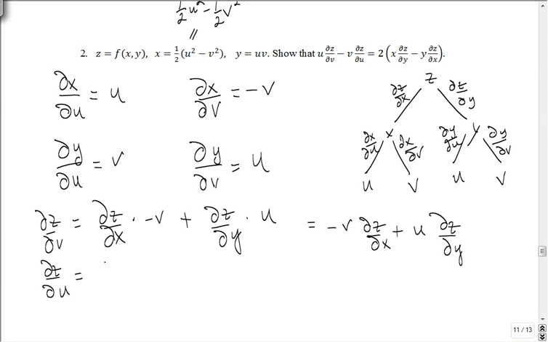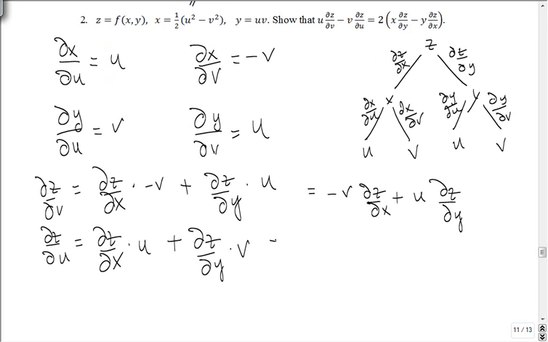So it will be partial z with respect to x times partial x with respect to u, which is u, plus partial z with respect to y times partial y with respect to u, which is v. Okay, so if you want to, you can write it like that, just to be consistent.